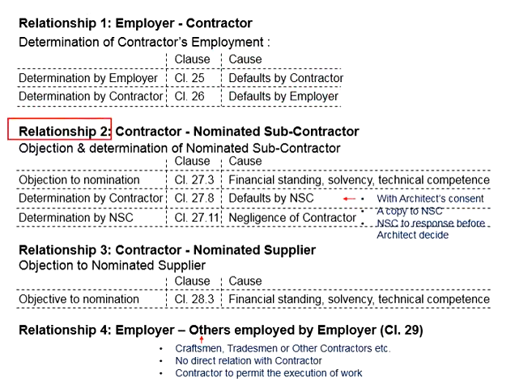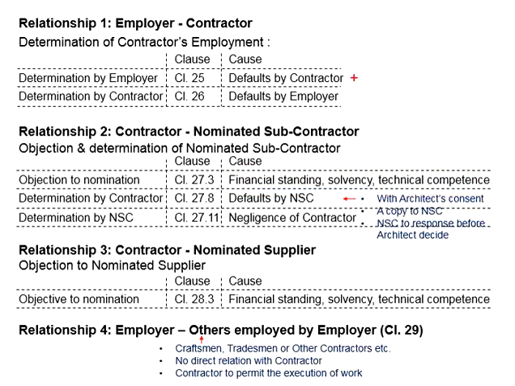Next, the second relationship is between the contractor and the nominated subcontractor. We know that the nominated subcontractor is nominated by the employer. If the contractor does not wish to work with this nominated subcontractor, the contractor can make an objection to the nomination. However, they will require valid reasons for the objections.